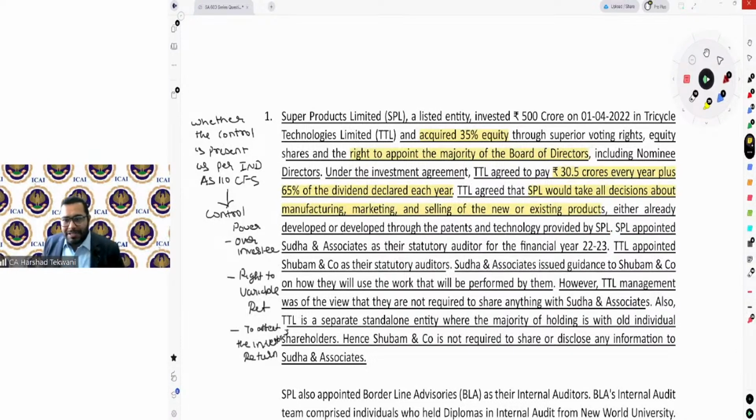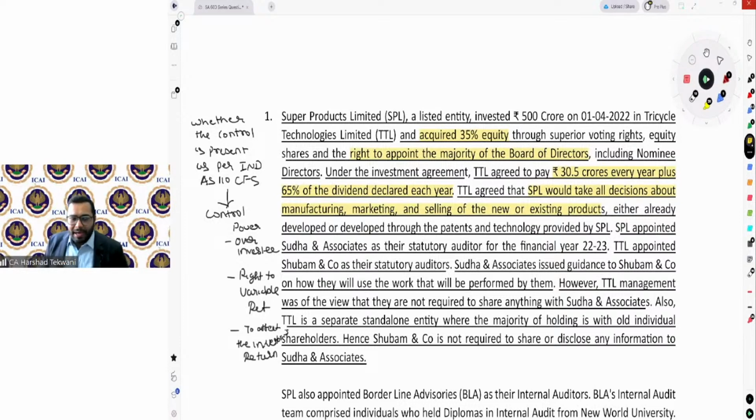So all three conditions are satisfied, and hence, yes, I can say that this entity, the investor here, SPL Limited, regardless of the nature of involvement with the investee, is a parent entity by virtue of control.